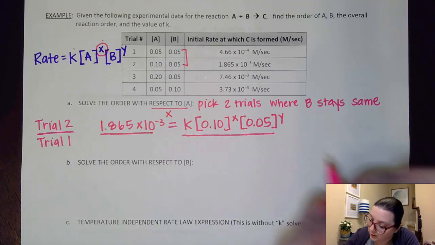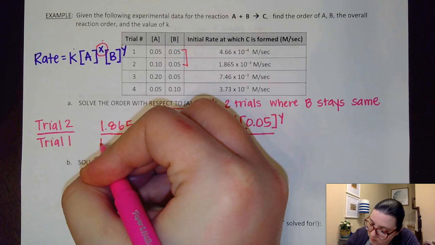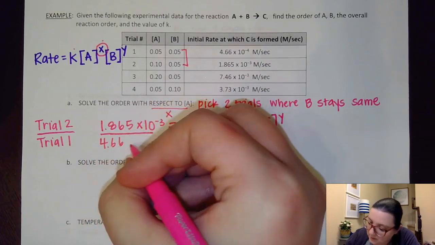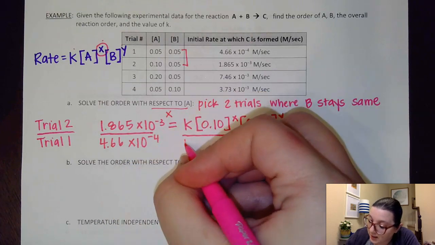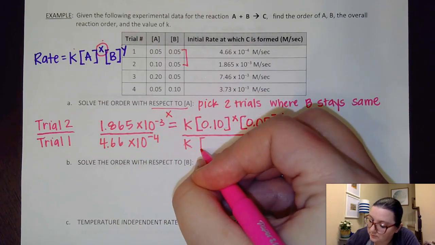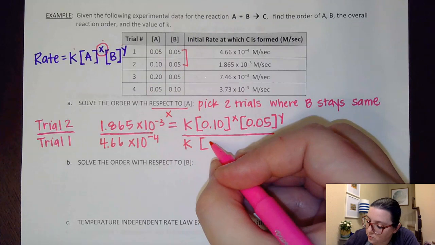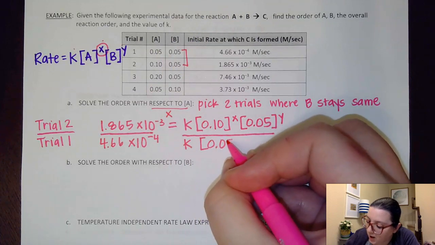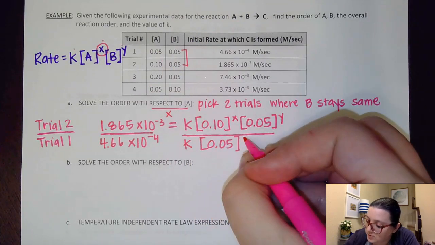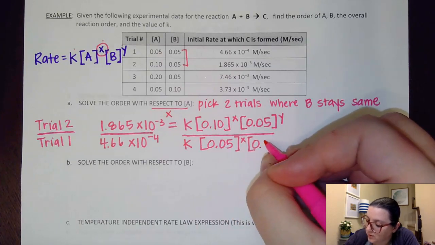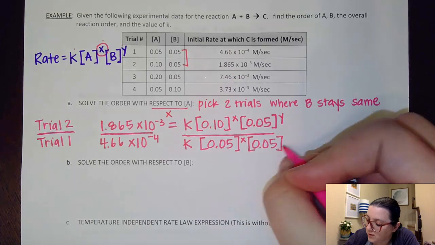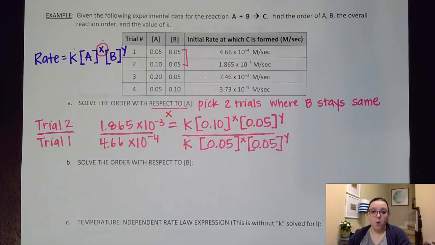So trial 1 had a rate of 4.66 times 10 to the negative fourth, some K constant. A's concentration was 0.05 raised to an exponent of X. B was again 0.05 raised to an exponent of Y.